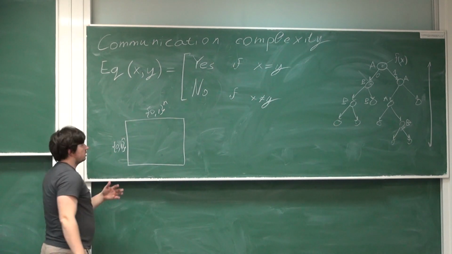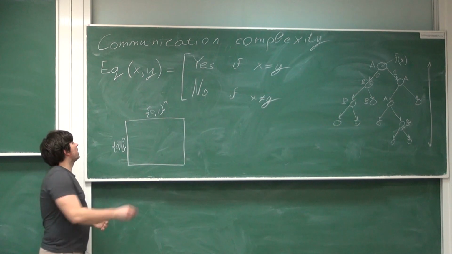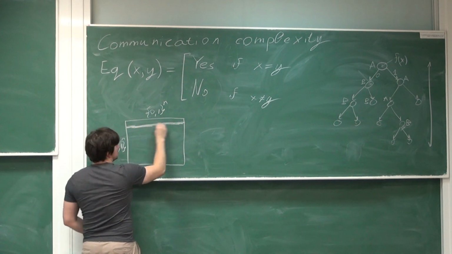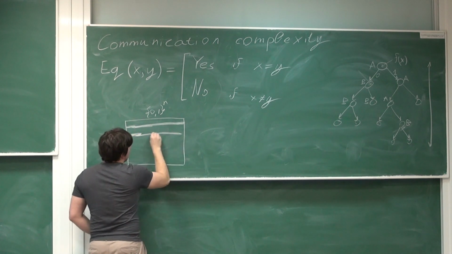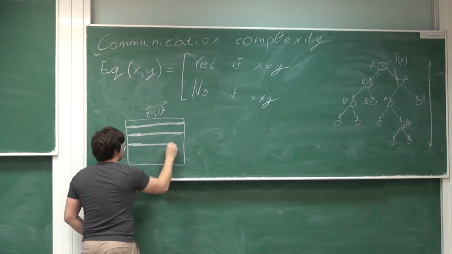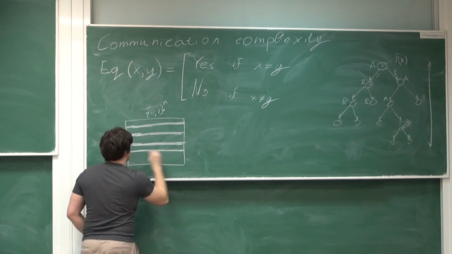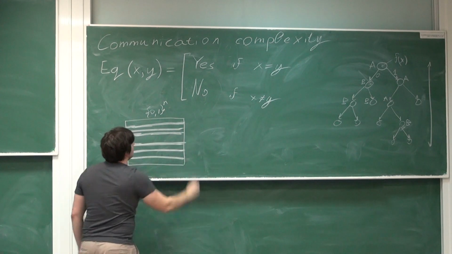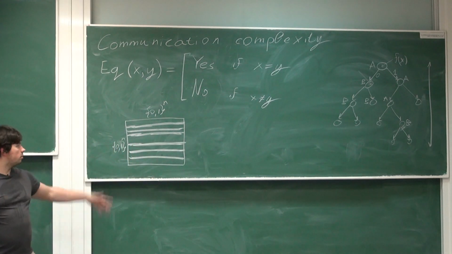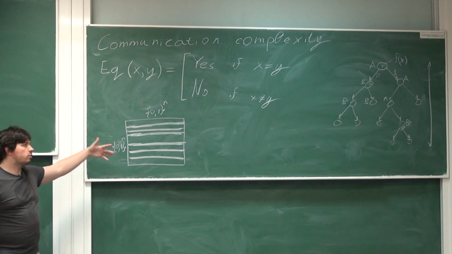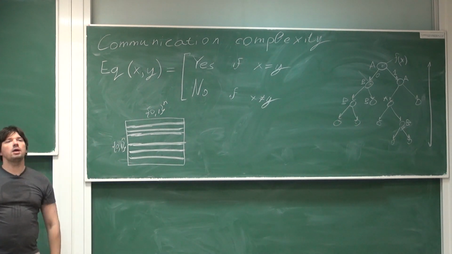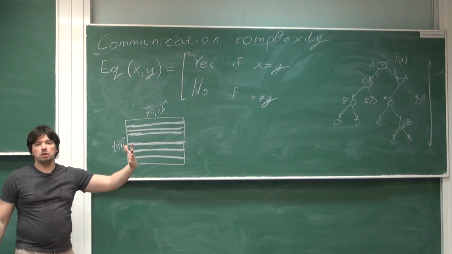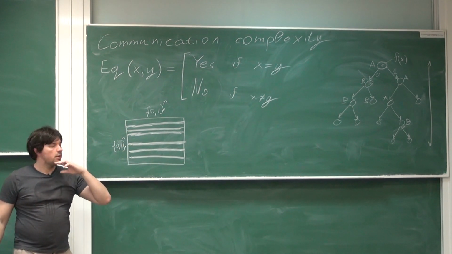That means that we can color with one color all the rows where she sends 0, and with another color all the rows on which she will send 1, right?